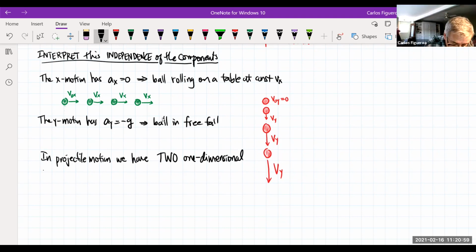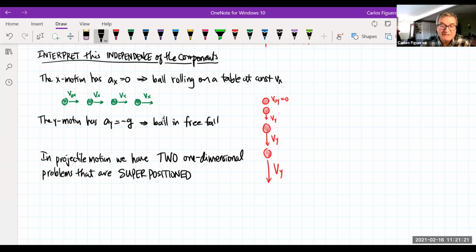And when we say superposition, what this means is that we overlap these motions, right?